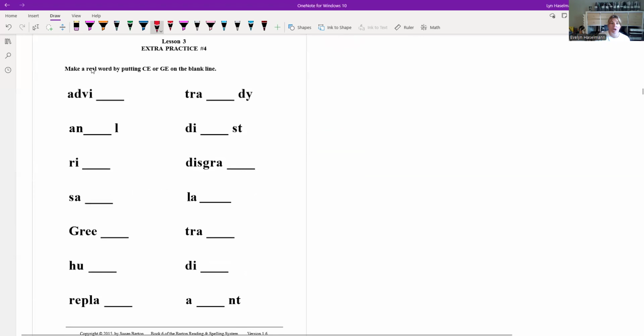The next one, make a real word by putting a CE or a GE in the blank line.